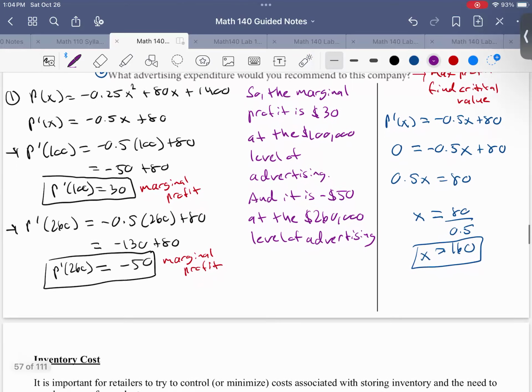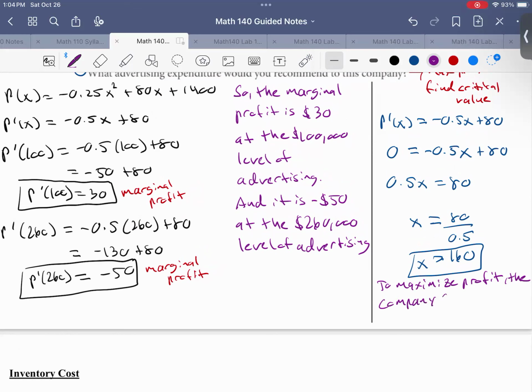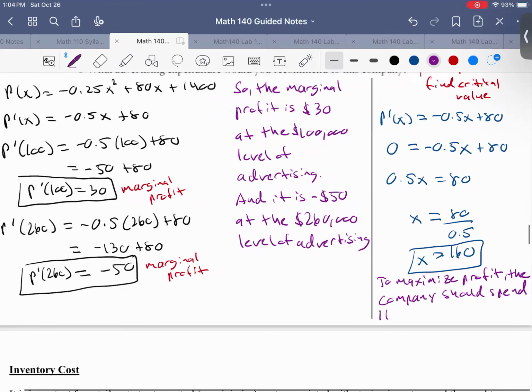What I would say here is, to maximize profit, the company should spend $160,000 on advertising. So that's what I would recommend.